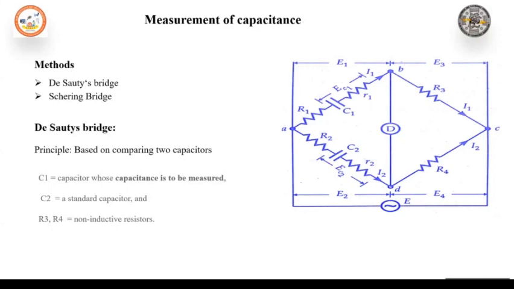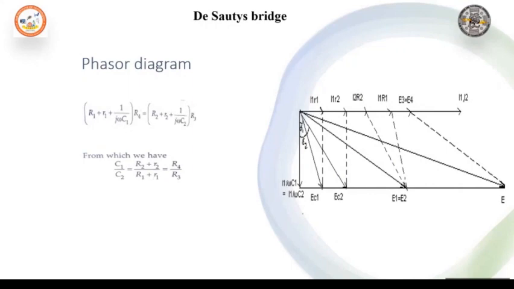Simplifying the above equations, what is D2 minus D1? D2 minus D1 is equal to ω(C1r1 minus C2r2). But C1/C2 = R4/R3, or C1 = C2 × R4/R3. Substituting, we get the value of C1, and finally we get D2 minus D1.